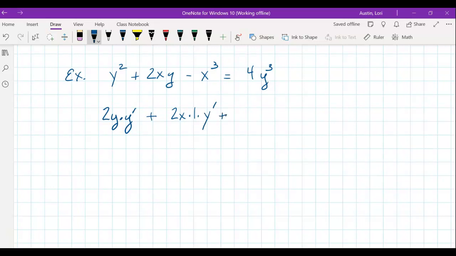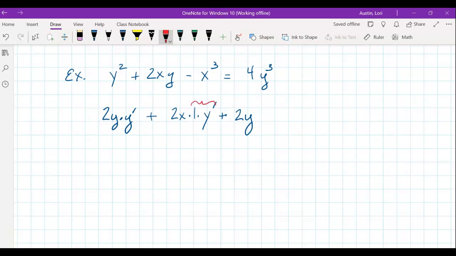I'm not done the product rule. Now I do the opposite. What's the derivative of 2x? I did not take the derivative of y. So let me put in red what each of these are.